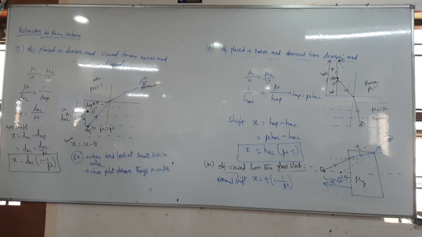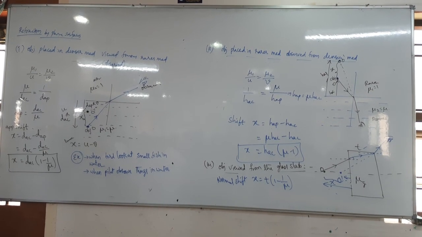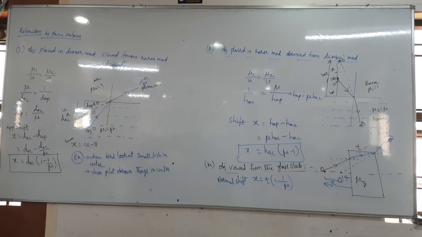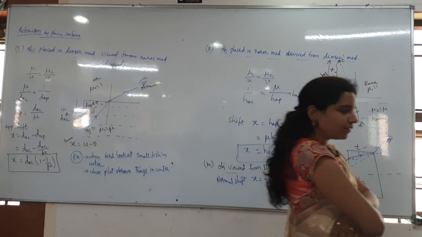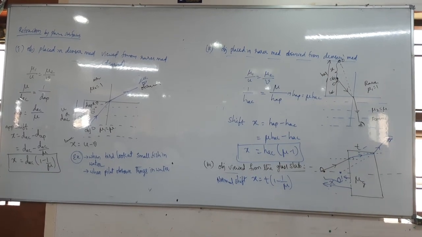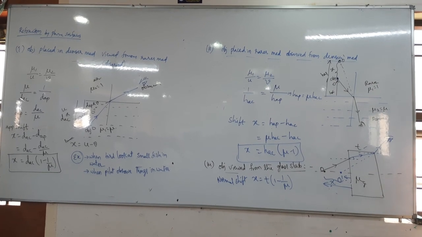When an object is viewed from the glass slab, then it appears closer than the original distance.